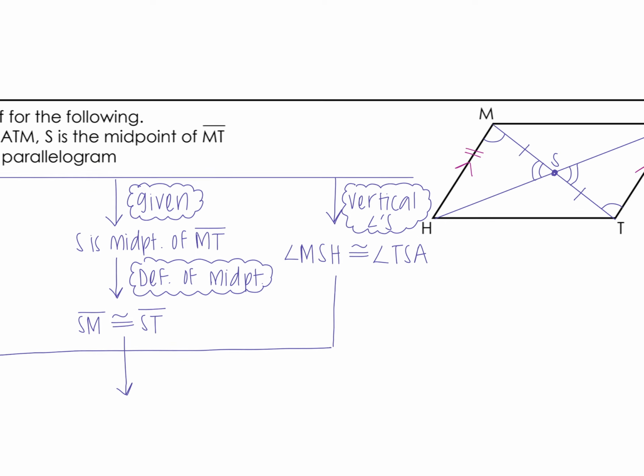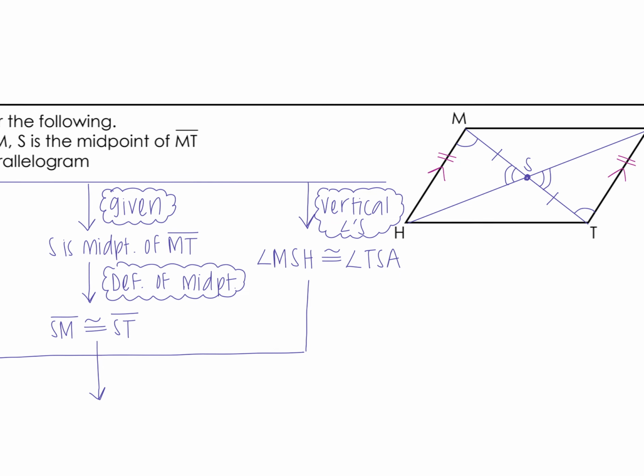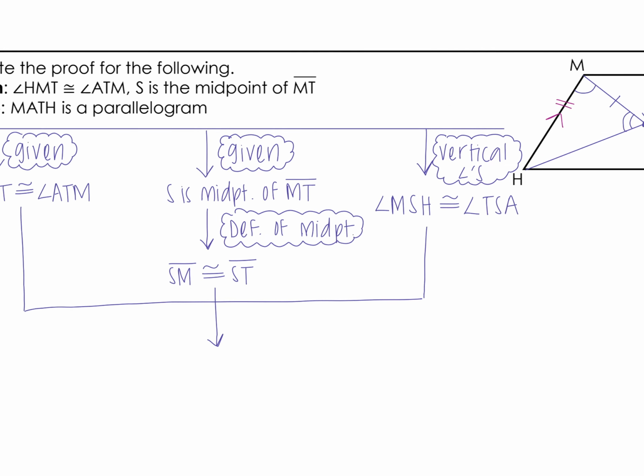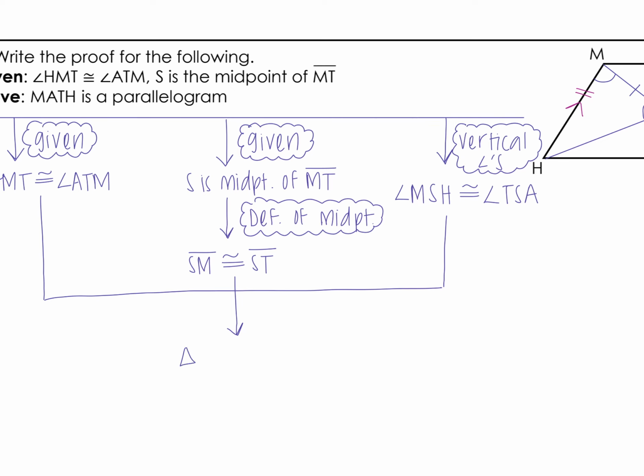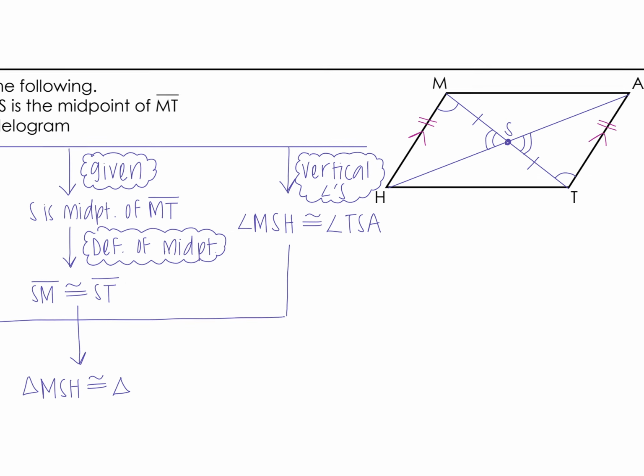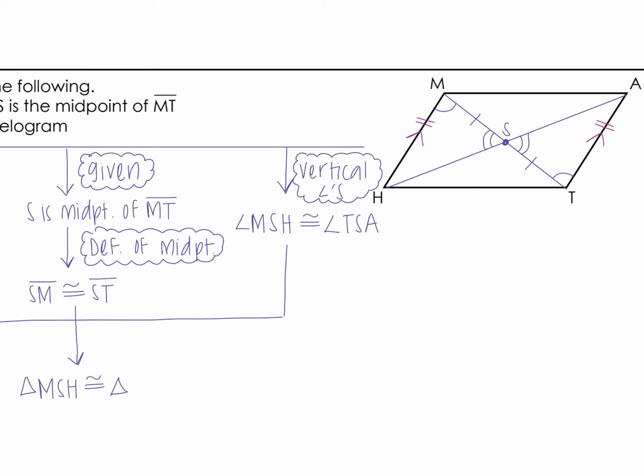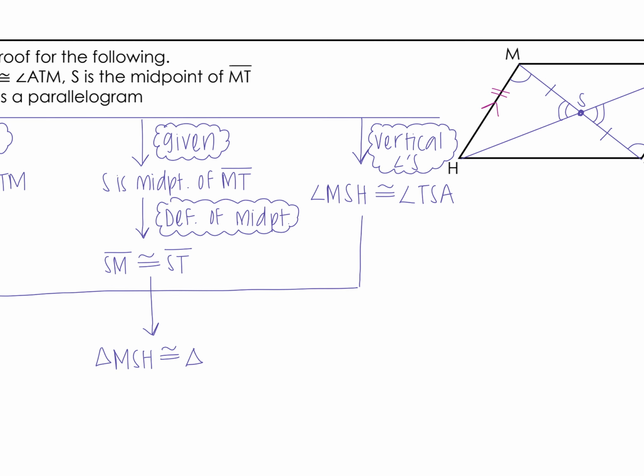Okay, and let me look at the names. So we can say triangle MSH congruent to triangle TSA. And then my reason for this is going to be, remember those pink ones, I'm going to come up with them, I haven't yet.